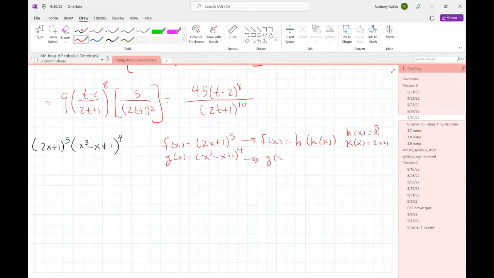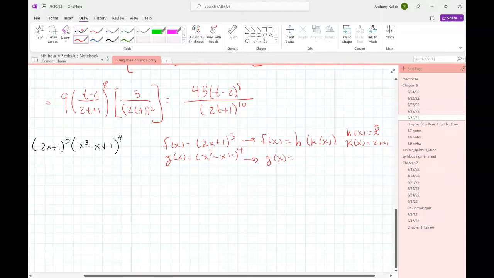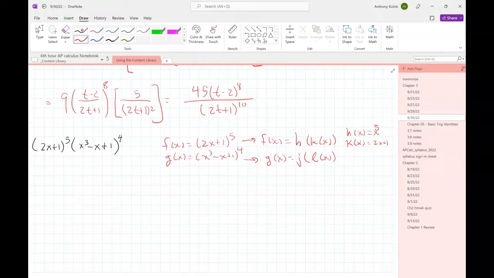And g of x would be j of L of x, where j of x is x to the 4th, and L of x is x cubed minus x plus 1.